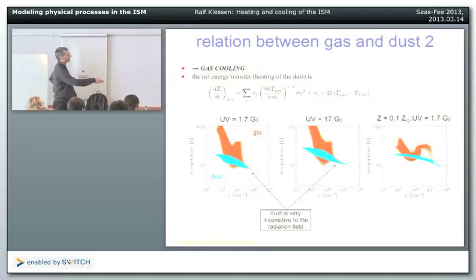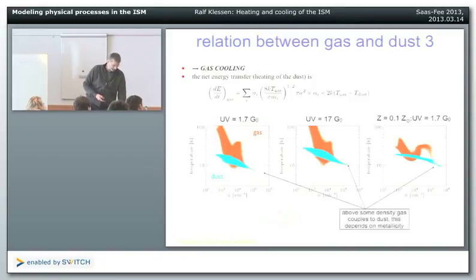You see the dust is slightly hotter, but not by much. And this is just the standard interstellar radiation field, but now the metallicity is smaller by a factor of 10, and you see it changes the coupling. So you notice dust is insensitive to the radiation field.